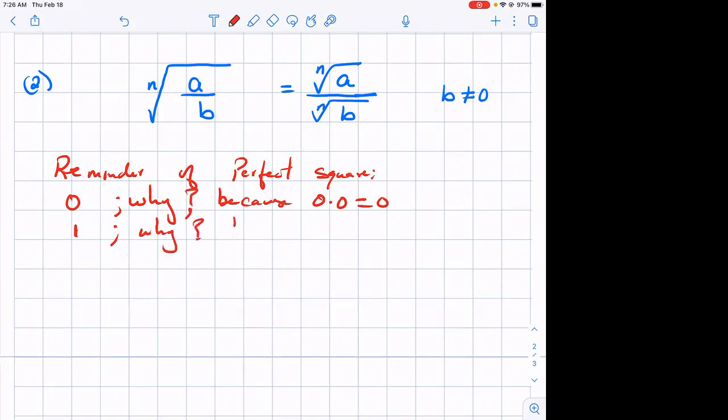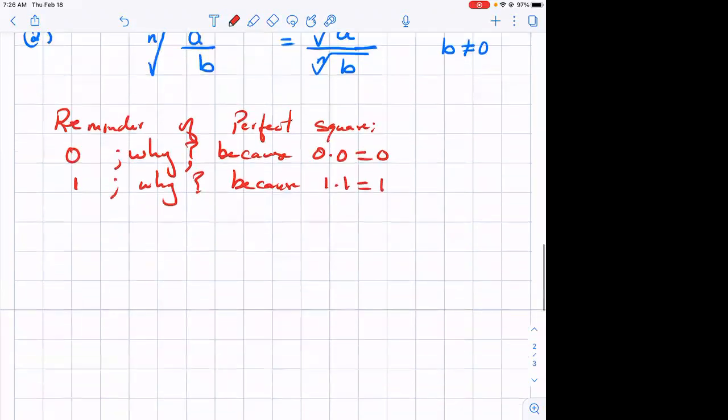Because 1 times 1 is equal to 1. 2 is not, 3 is not, 4 is a perfect square. Why? Because 2 times 2 is equal to 4. Once you can find a number that when multiplied gives it, and this list goes on and on. This list doesn't end.